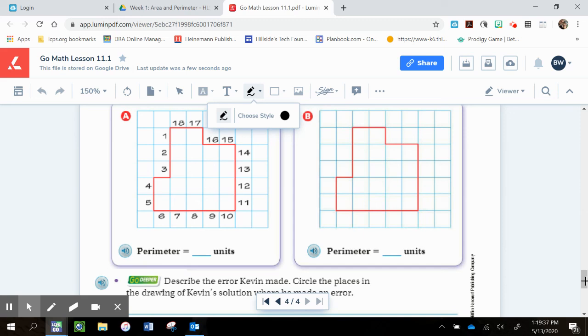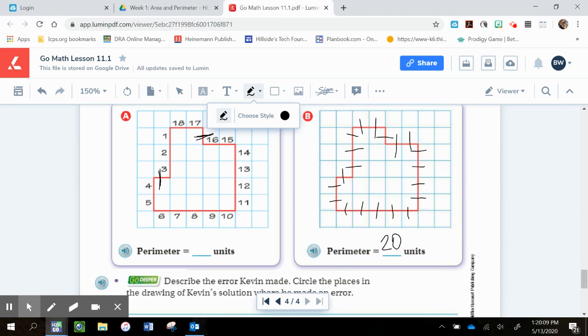So let's start. 1, 2, 3, 4, 5, 6, 7, 8, 9, 10, 11, 12, 13, 14, 15, 16, 17, 18, 19, and 20. So the perimeter of this shape is actually 20 units instead of 18 because Kevin forgot this piece here and this piece here.